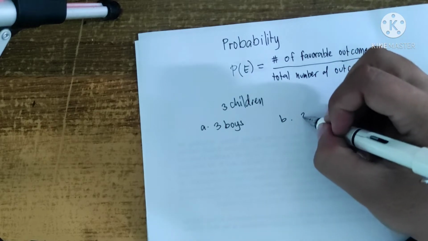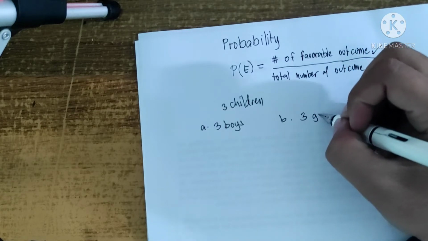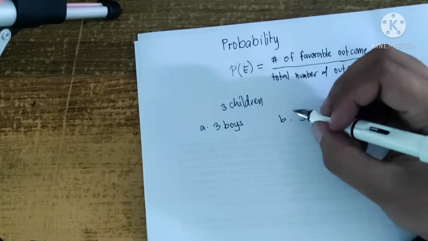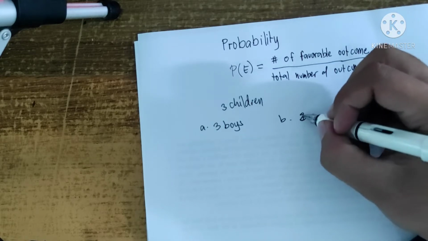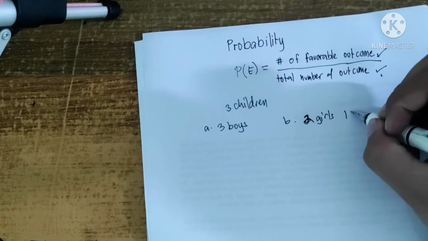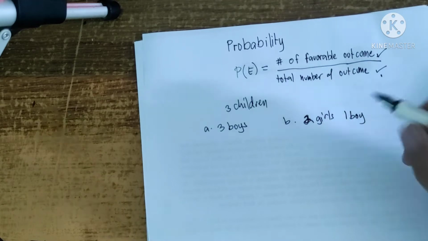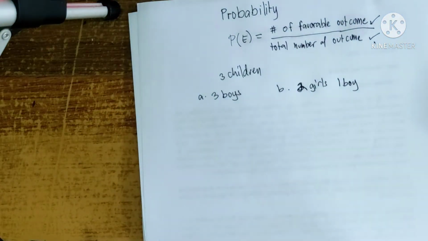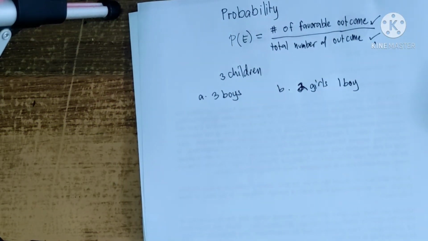At saka 2 babae at saka 1 lalaki. Okay? So, using the what we call the family tree or tree diagram, i-identify natin yung mga possible outcomes, no?